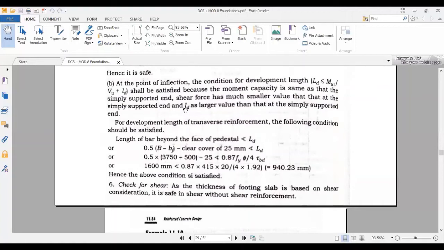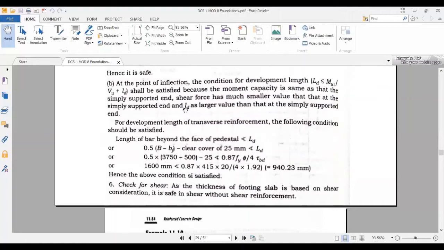For development of transverse reinforcement, the following condition should be satisfied. Length of bar beyond the face of pedestal should not be less than LD, that is 0.5 B minus BF minus clear cover of 25.